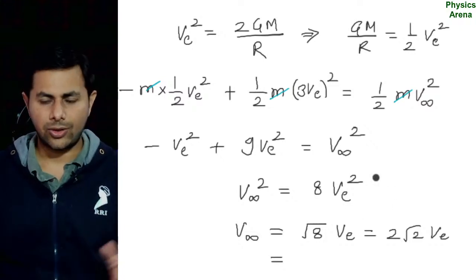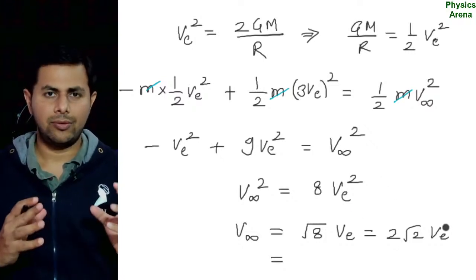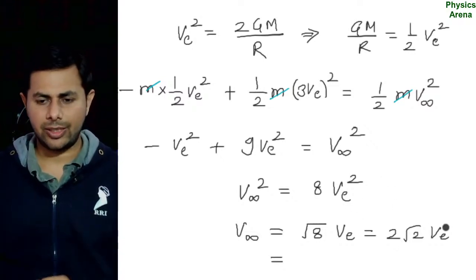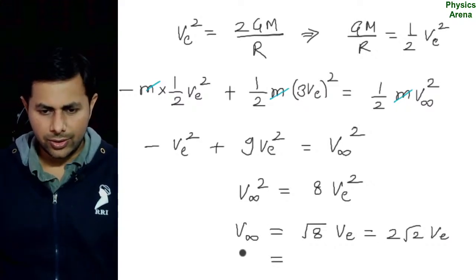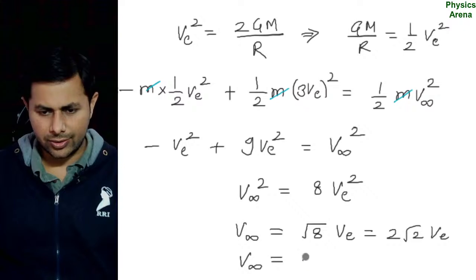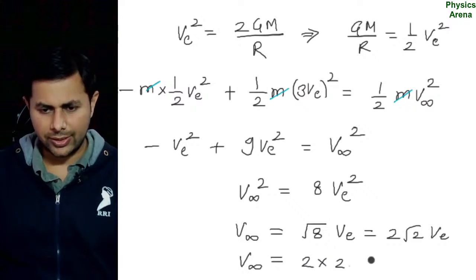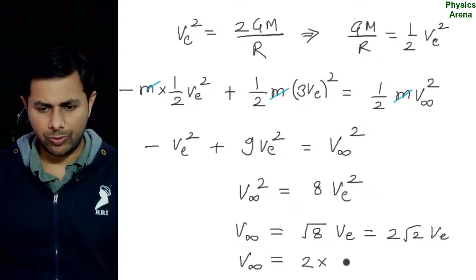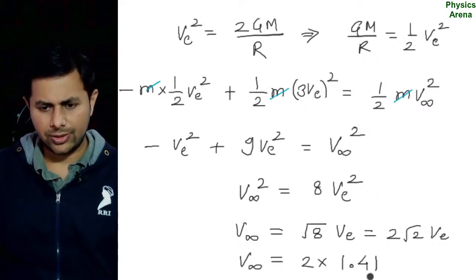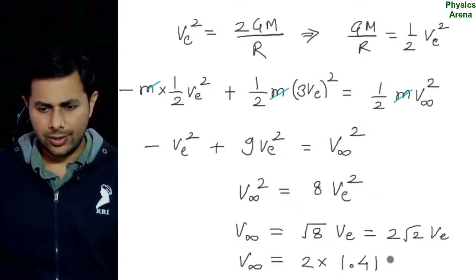I already told you that memorizing root 2 and root 3 is beneficial, they come in handy a lot of times. So v at infinity is 2 times 1.414. I will just use 1.41 multiplied by v, which is 11.2.